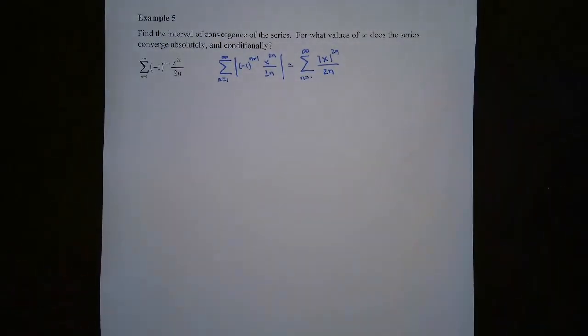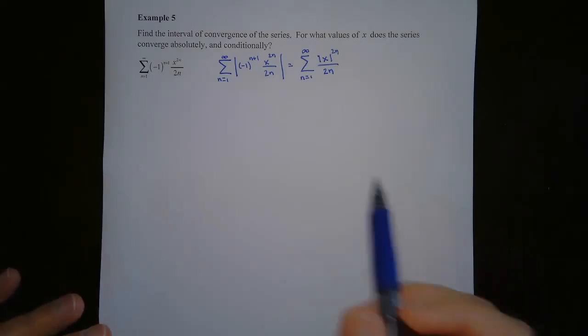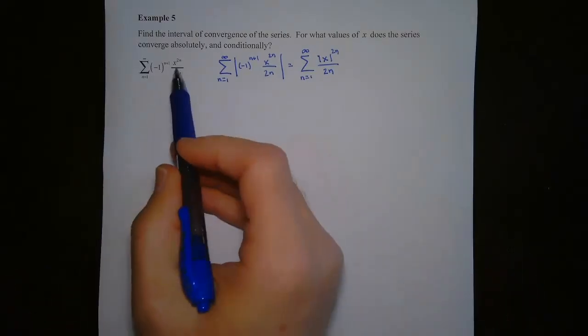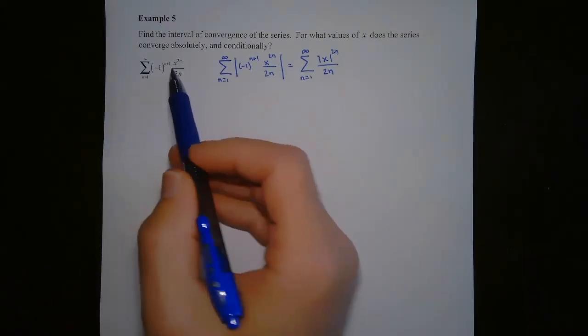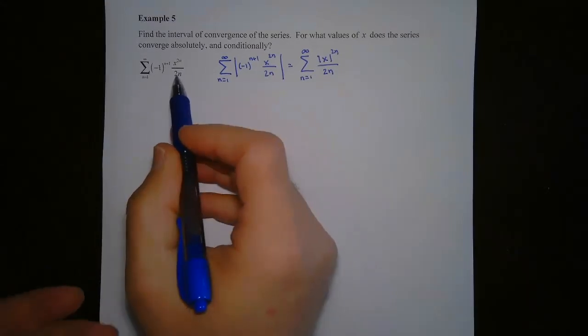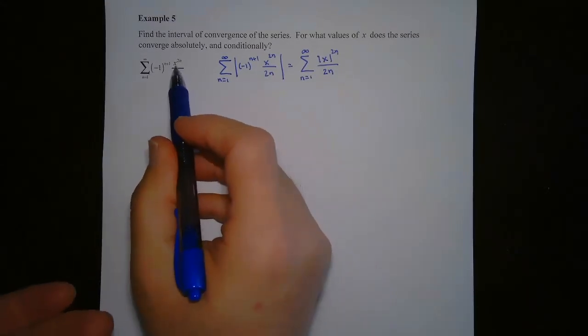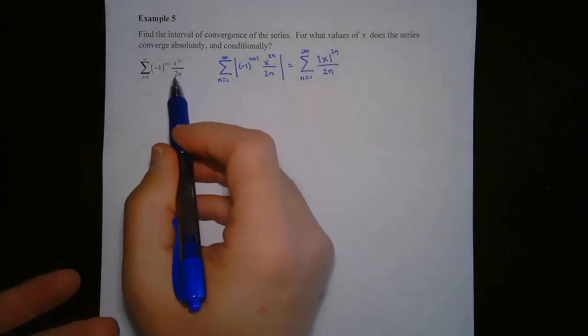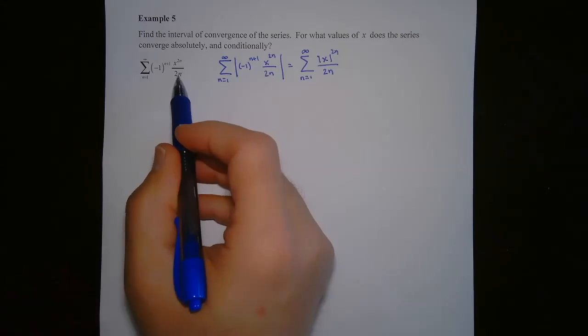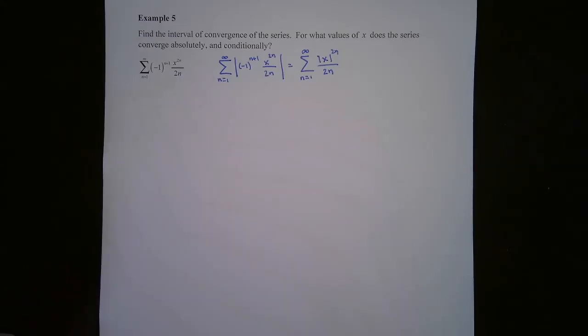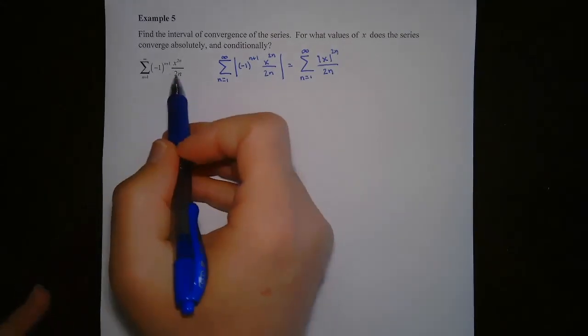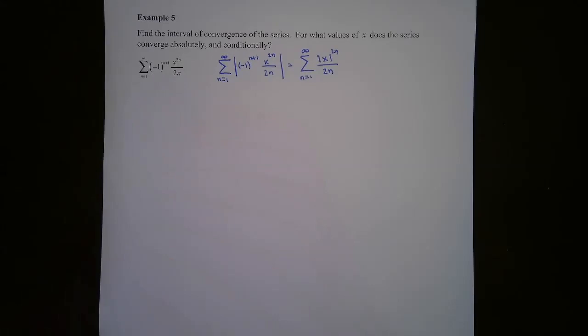Now, if you look, we have powers of n. But we don't have just powers of n. We have x to the 2n power, and then we have 2 times n. If we didn't have this 2n, you might be able to look at this as a geometric series, but we can't on this one. So when it's not a geometric series, you have to go to the ratio test.